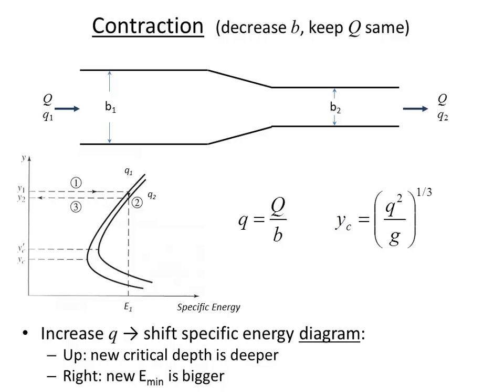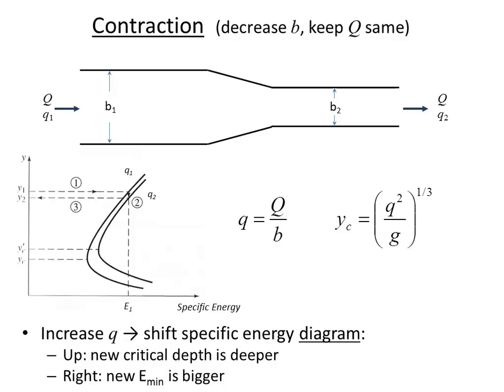What's the logic sequence? The first thing that we did is B smaller leads to Q bigger, which leads to Y sub C bigger, which leads to E minimum bigger.